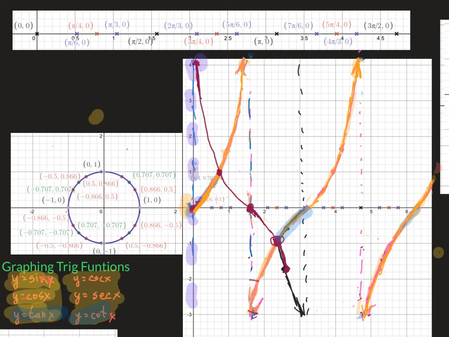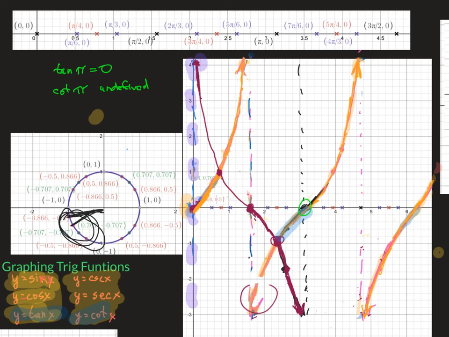Okay, now all of a sudden, tangent of pi is 0, and so that means the cotangent is 1 over 0, or undefined, and then the tangent actually goes back into the positives. So just beyond pi, both sine and cosine are negative, which makes tan positive, or you can just say the slope of any of these line segments in the third quadrant are all positive.